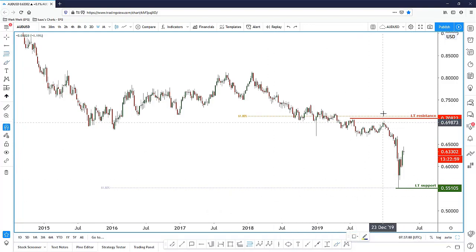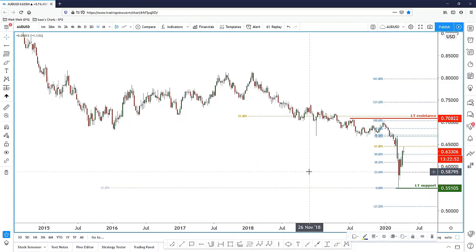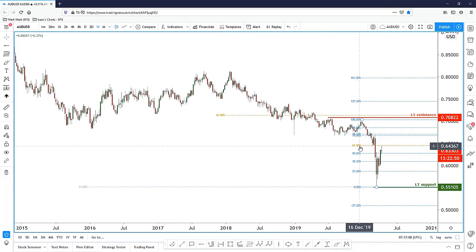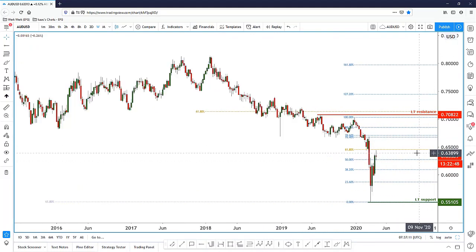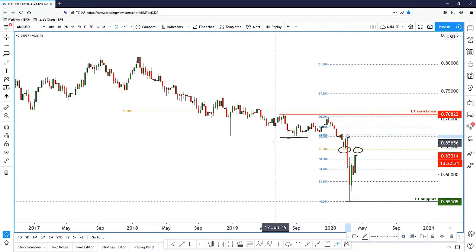So we take a Fibonacci retracement from this swing high to this swing low, and we open up all Fibonacci ratios. Now, there are two key levels. One is, if I were to zoom in for you guys to see, at the 61.8 key Fibonacci retracement level, price paused here, and price tested and rejected off here. At the 78.6, price held at this level here, tested at this level here, and even further back, price held at this level.